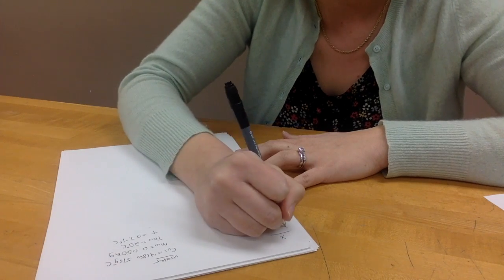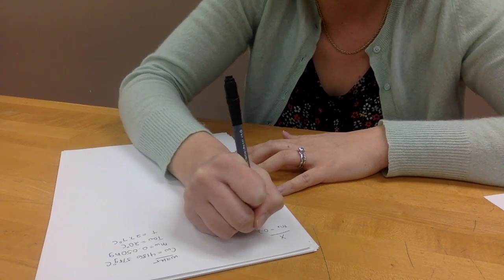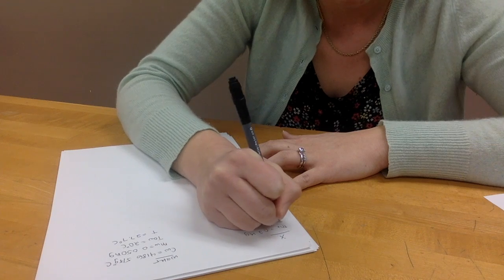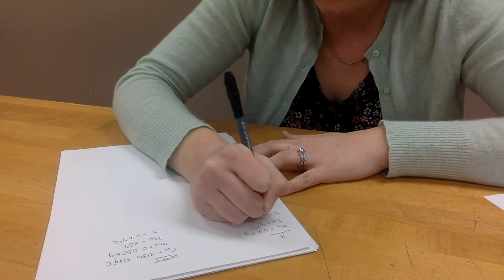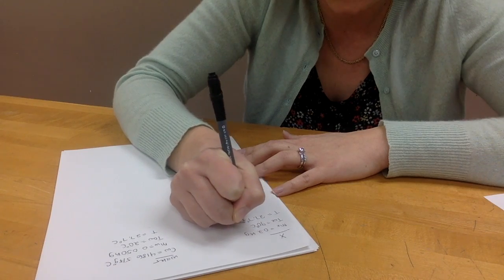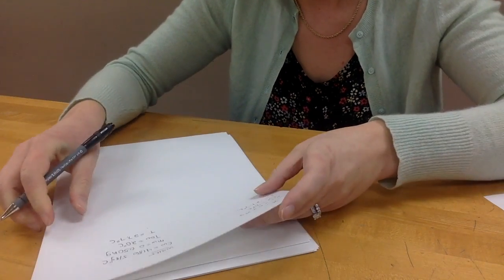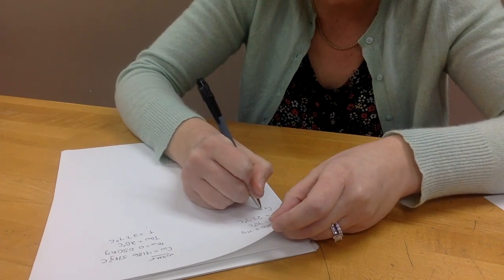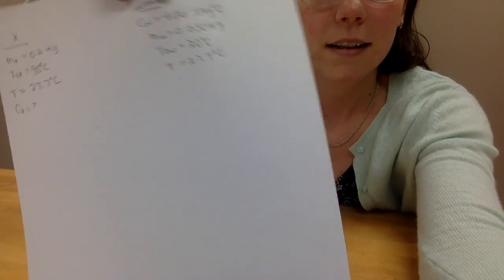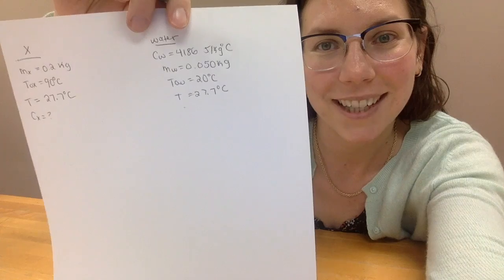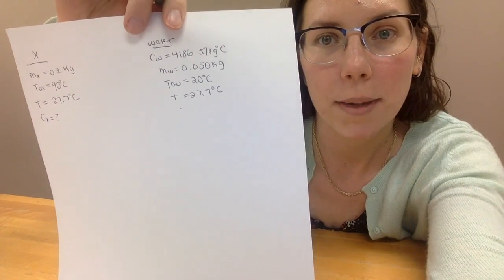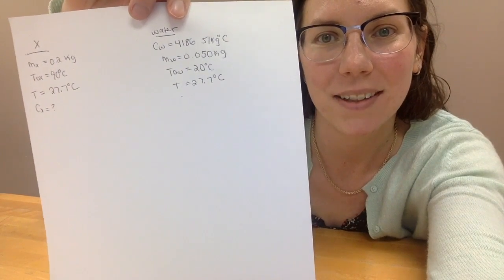Then I have unknown substance X, 0.2 kilograms, with initial temperature 90 and final temperature 27.7 degrees. We're looking for C. The unknown specific heat for that unknown substance is our unknown, and then we can compare to a table of known specific heats to identify what it is.